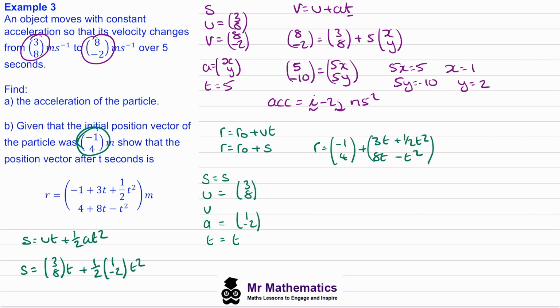So now all we need to do is to add these two together. So the position vector after t seconds will have an i component of -1 + 3t + 1/2 t squared, and a j component of 4 + 8t - t squared. We'll close this in brackets and we'll have meters.